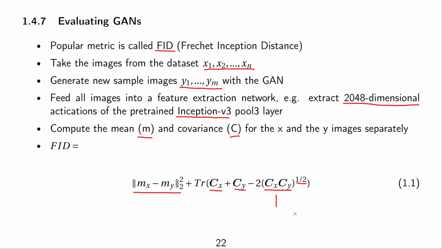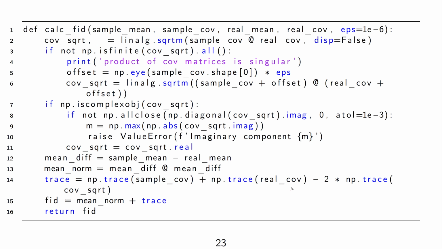So this square root takes the matrix, so this product here, and it factors it into two matrices. I'll just call them A times A, and the matrix A that can factor this resulting matrix, this will be the square root. And then we take the trace of this matrix in the bracket.